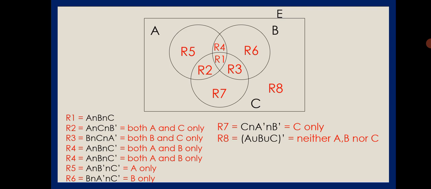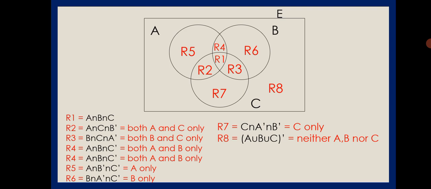In the 2-set problem, we have region 1, region 2, region 3, and region 4. But in 3-set problems, we have region 1, region 2, region 3, region 4, region 5, region 6, region 7, and the last one, region 8.